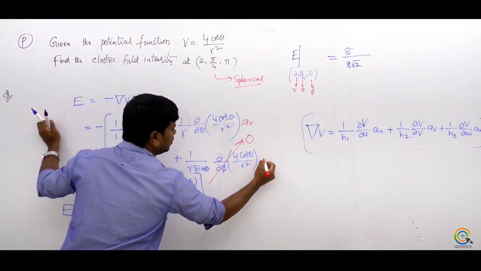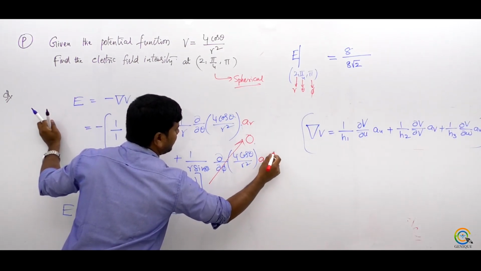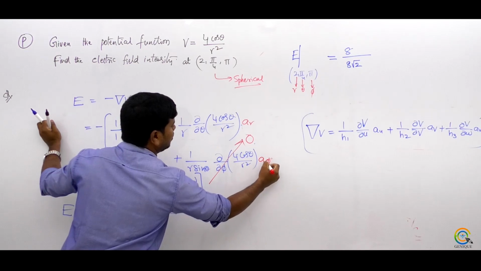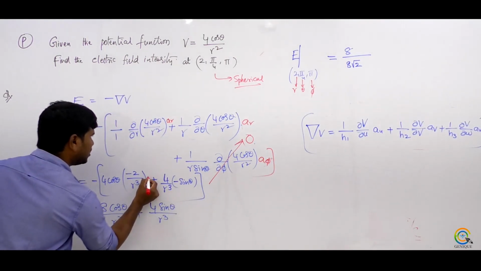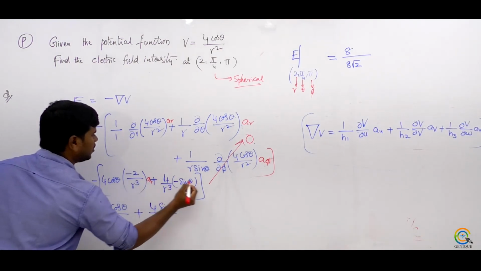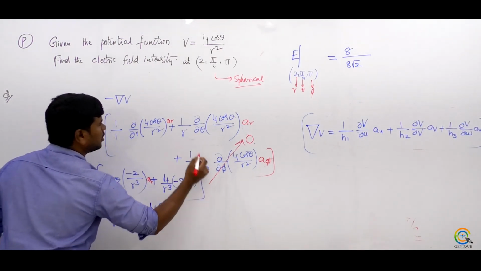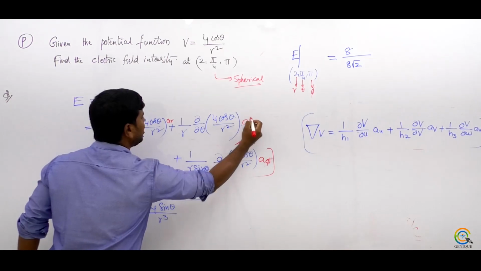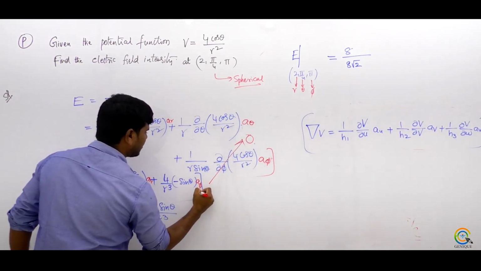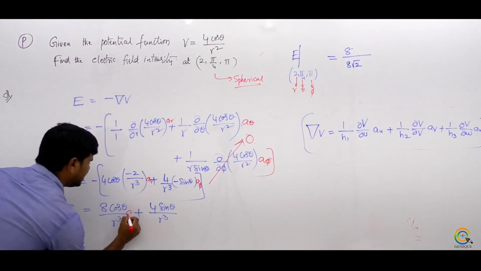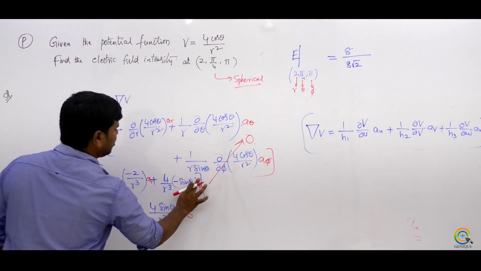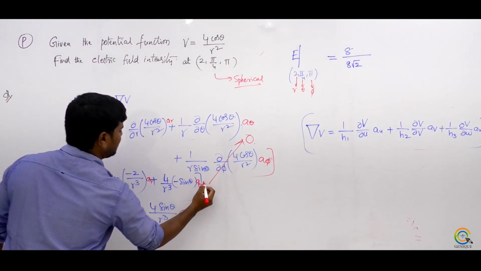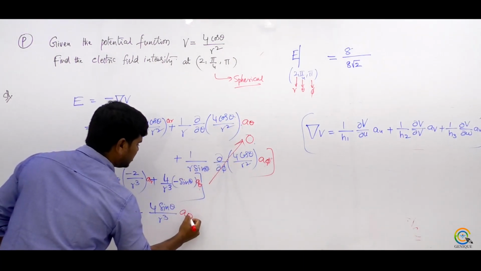Forgot a_phi. Okay, so here it is a_R, this is a_theta, it is a_phi. So this is a_R, this is a_theta.